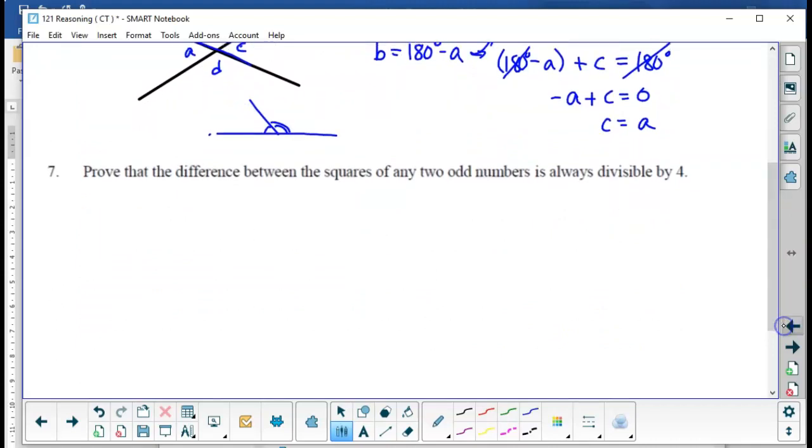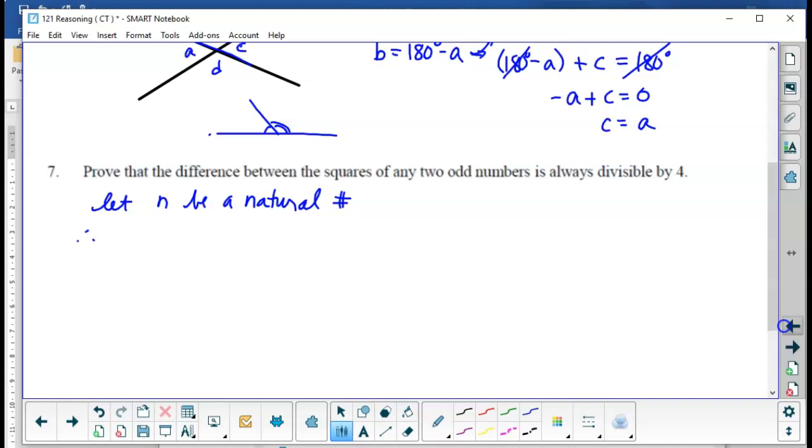Next one: prove the difference between the squares of any two odd numbers is always divisible by 4. Okay, so we want to let n be a natural number. Remember, to get odd numbers, we need to start with natural numbers.